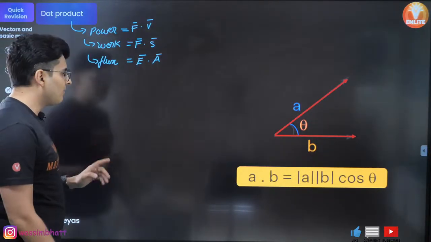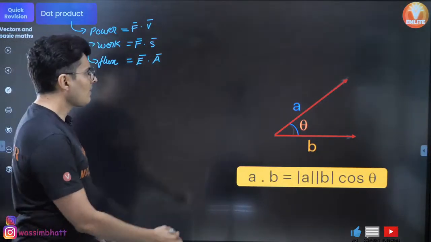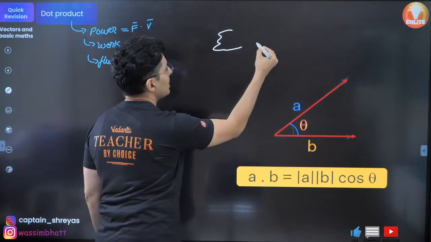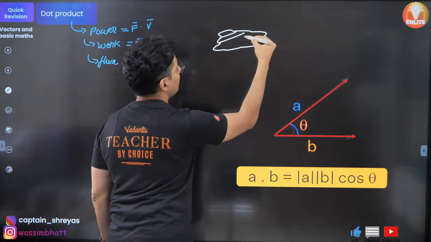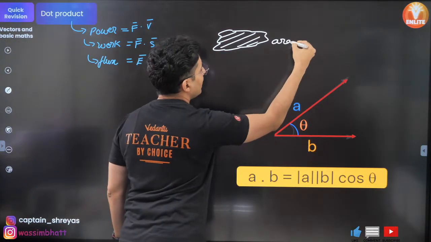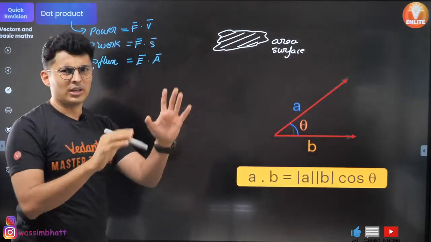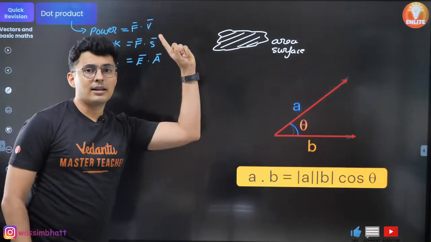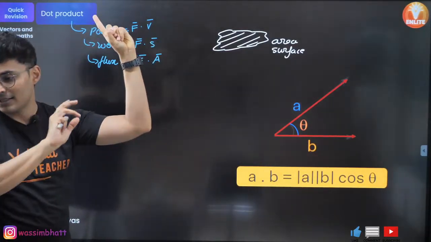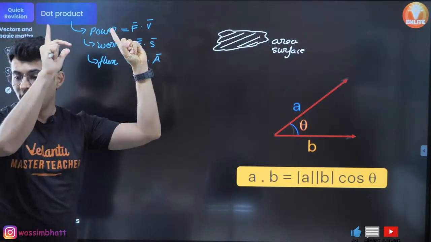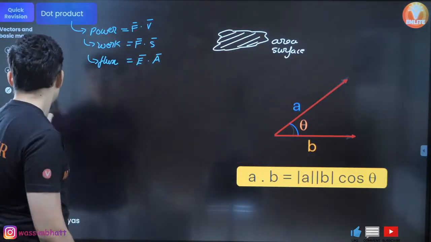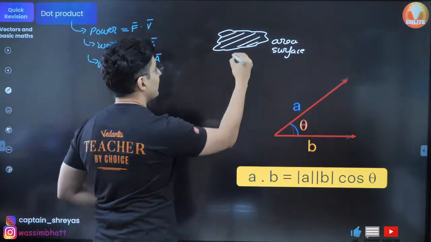Whenever you take any shape like this, let's say this is that plane, this is your surface, anything hypothetical, a perpendicular drawn to that surface is nothing but the area vector.